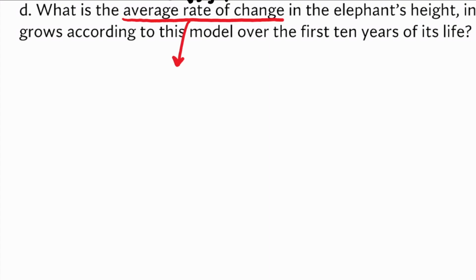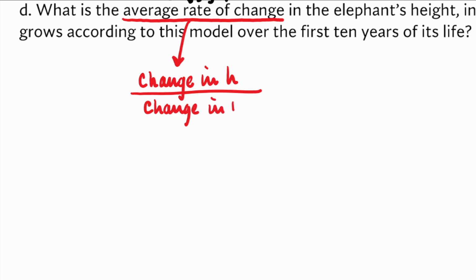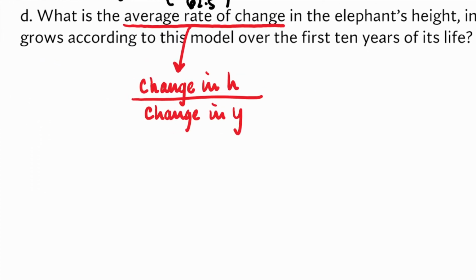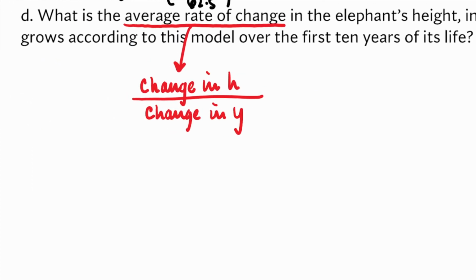So that's going to be change in height divided by change in time. And notice, measured in centimeters per year, the change in height is measured in centimeters, and the change in time t is measured in years. There's no y in this problem.